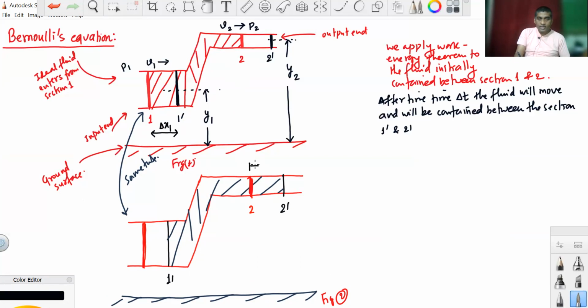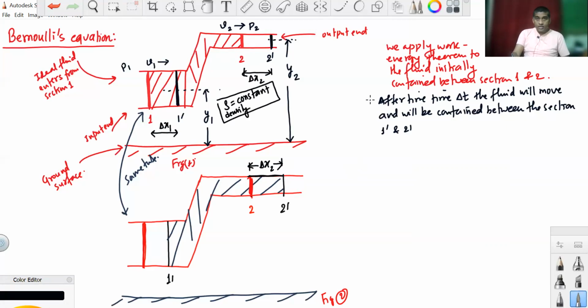So after time delta t, the fluid will be contained in this section, that is in between 2 and 2 dash, and let this length be delta x2. We are taking incompressible fluid for which the density, that is rho, is constant. This is to be noted.